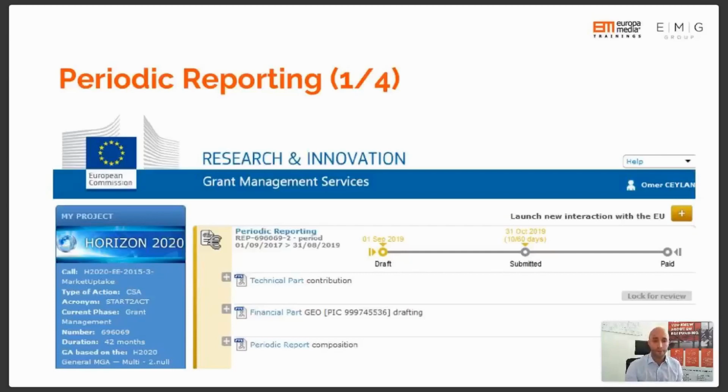In fact, just a side note, it's not there because this is the final report, so continuous reporting is no longer available for this. But if it's the end of the first period or one of the interim periods of the project, you will still have the continuous reporting module available, but on top of it we will have the periodic reporting module available. This is launched as soon as the period is closed.